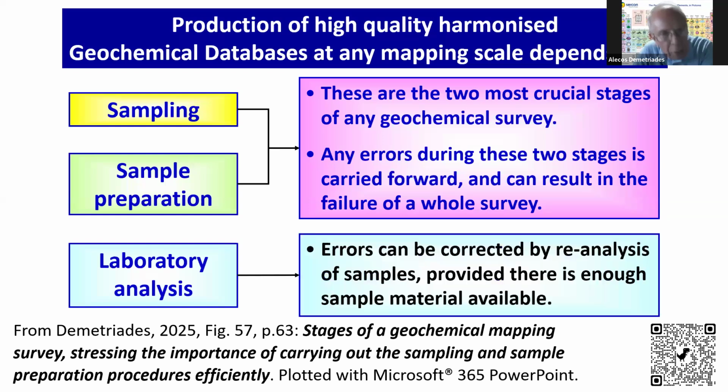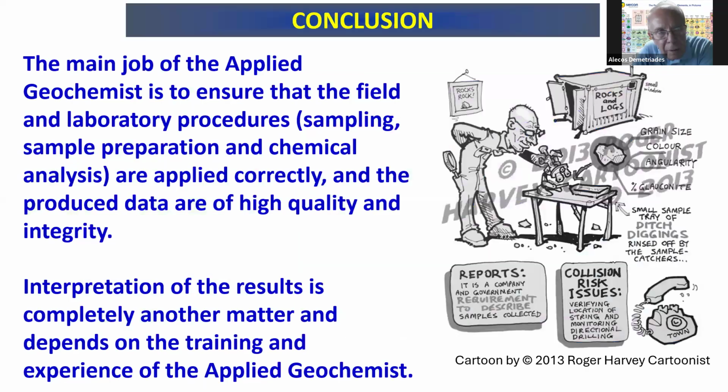Laboratory analysis is important, but if you don't get the results right, they can be corrected by reanalysis of samples, provided there is enough sample material available. So it's your job to have enough material for subsequent analysis if something goes wrong in your project.